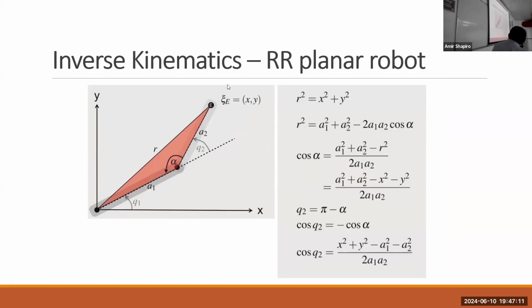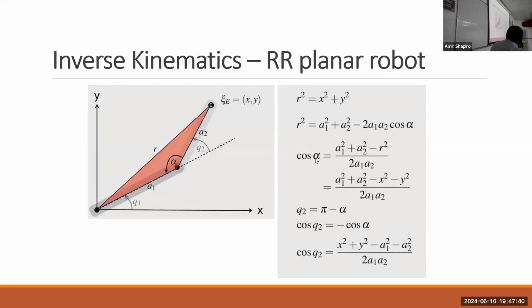And according to the cosine theorem, we have r squared on the left and the square of these 2 other sides of the triangle, which are a1 and a2: a1 squared plus a2 squared minus 2 times a1 a2 cosine of the angle between them, alpha.